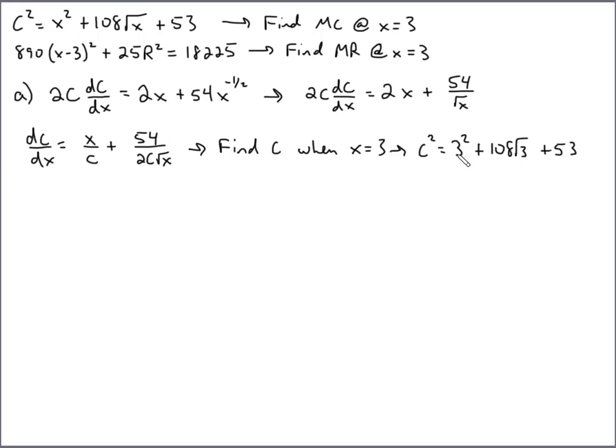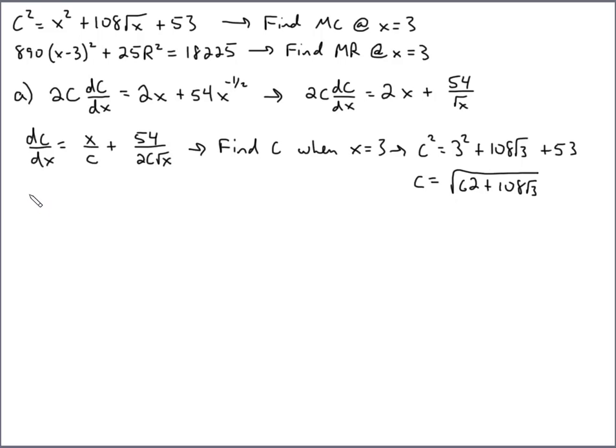So if we simplify this, this is 9 plus 53, it's going to be 62, so c squared is equal to that. So we can take the square root of all that. c is going to be equal to the square root of 62 plus 108 root 3. So we've got a root under a root. It's getting a little complicated.